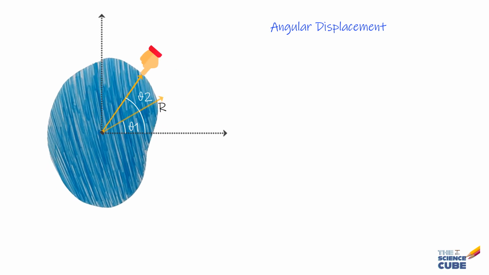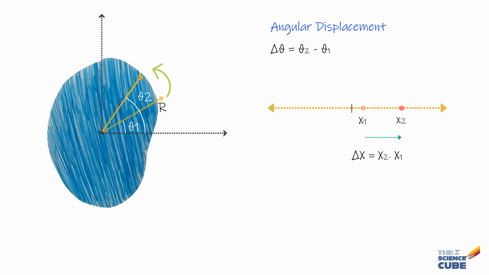Then we can say that the body has undergone an angular displacement delta theta, given as delta theta is equal to theta 2 minus theta 1, quite like we write x2 minus x1 for this.